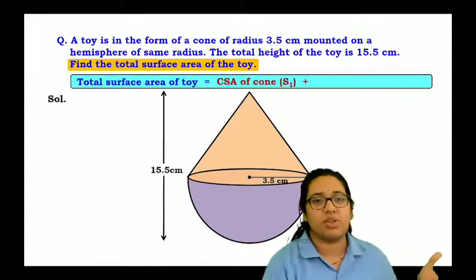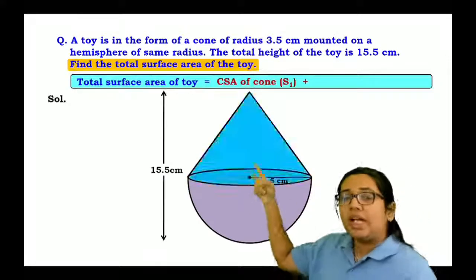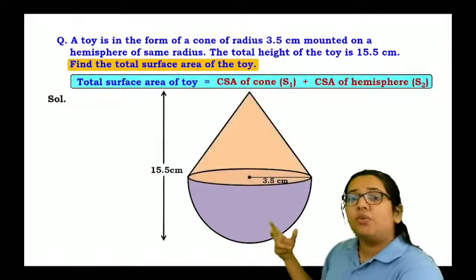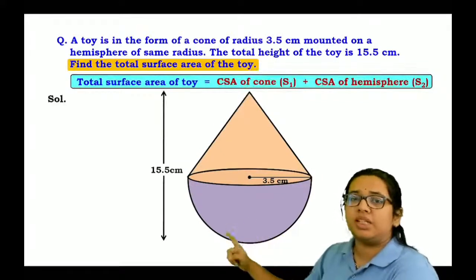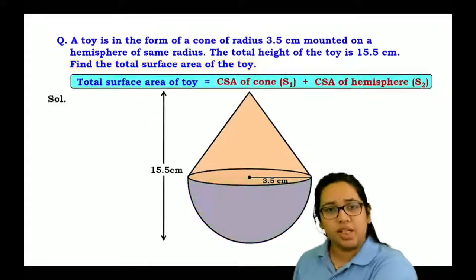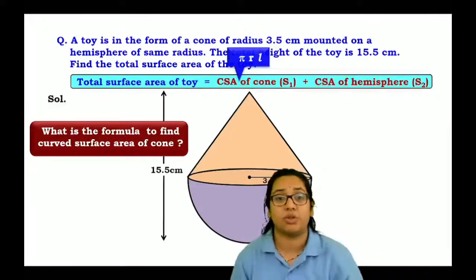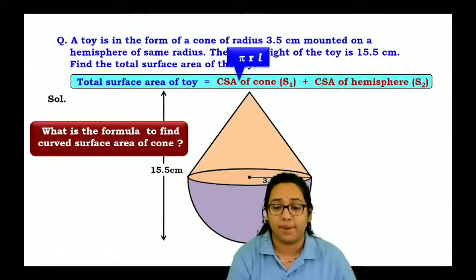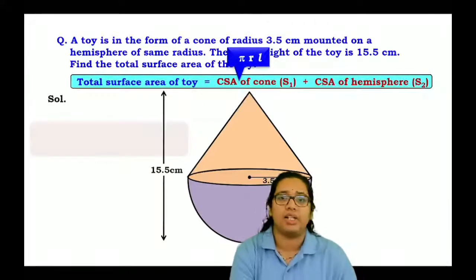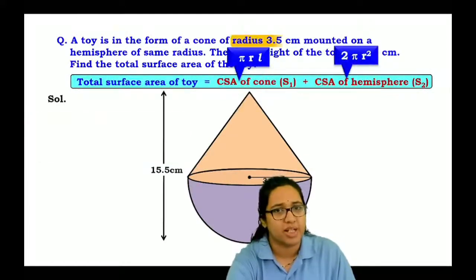So first we have to find out what will be curved surface area for this cone. And second case is that what will be curved surface area of the hemisphere here, right? So we know that curved surface area for the cone is nothing but pi r l, and curved surface area for hemisphere will be 2 times pi r square.